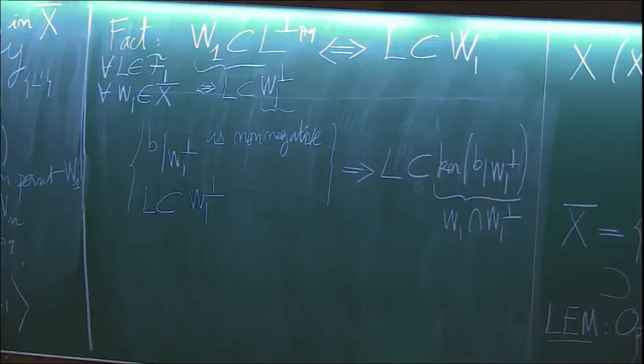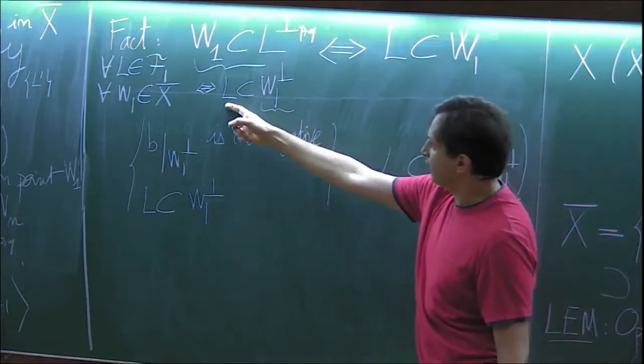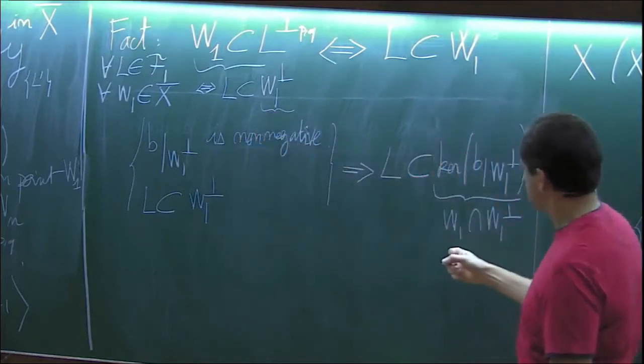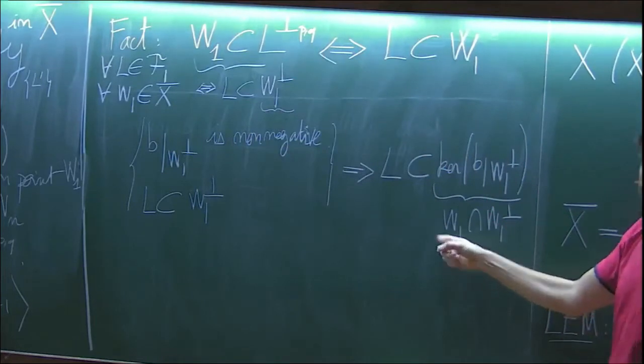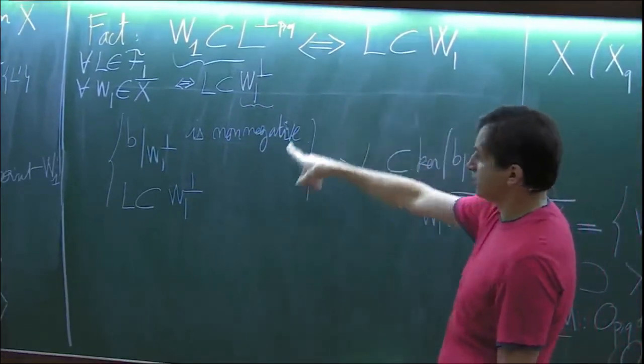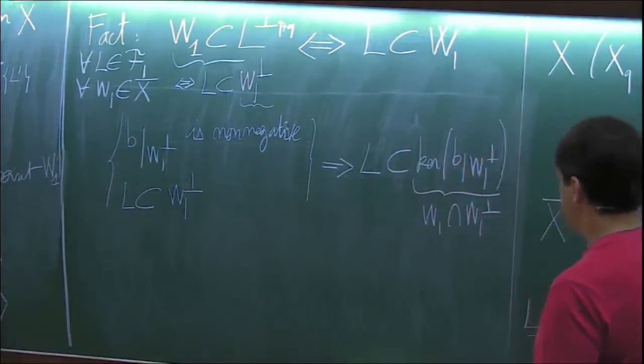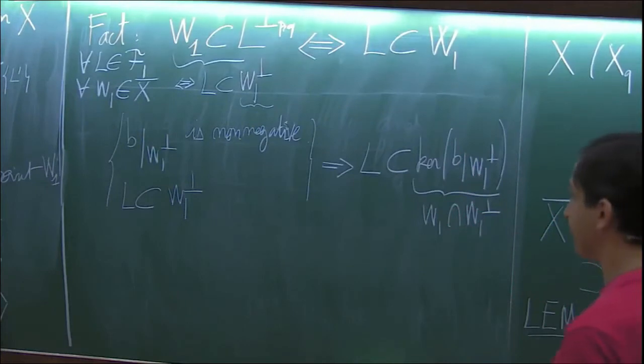So if I have a line contained here, then it is contained in this intersection, so it is contained in L. And vice versa, the same argument says that the line is contained.